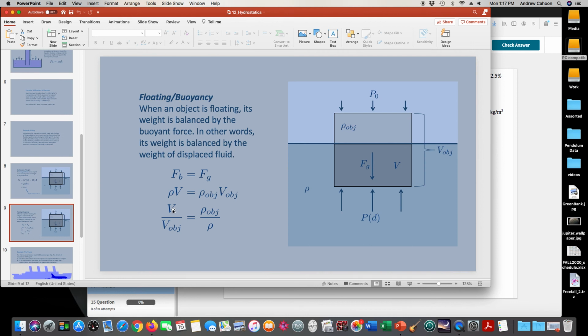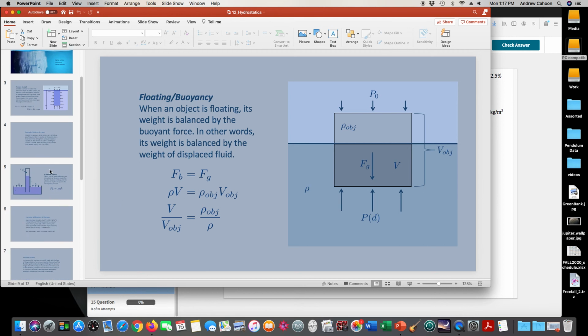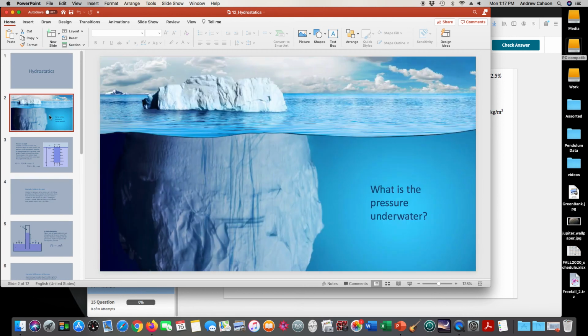What it's saying is that the ratio of the volume underwater to the total volume of the object is equal to the ratio of the density of the object to the density of the water. Or I guess in this problem it would be the oil. For water and ice, ice is about 90% of the density of water, and so 90% of it gets submerged.